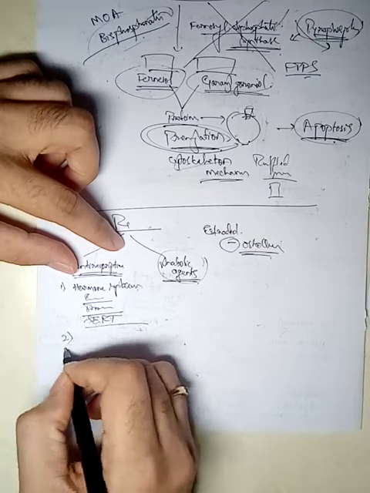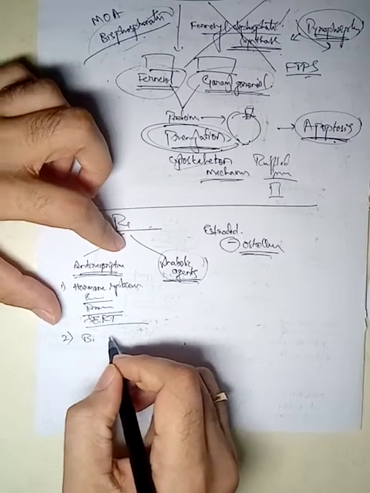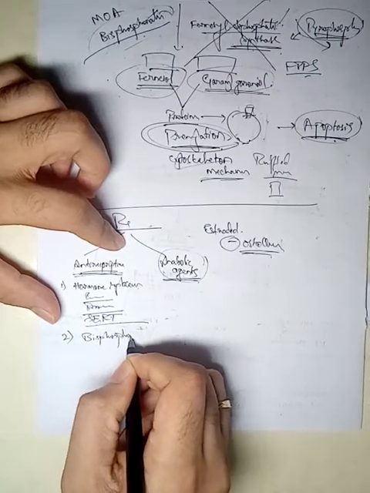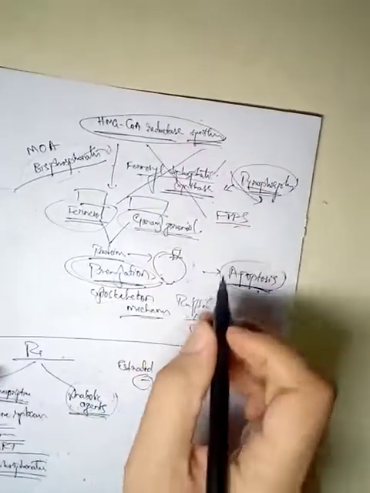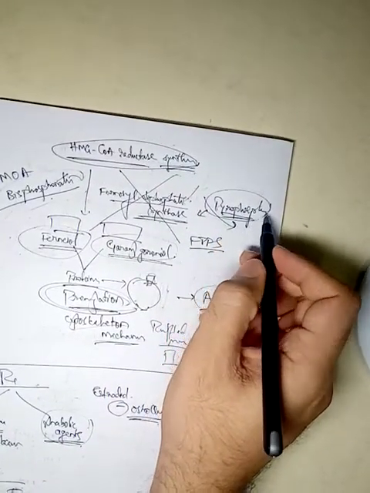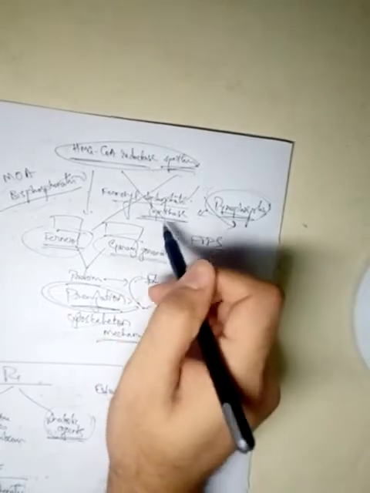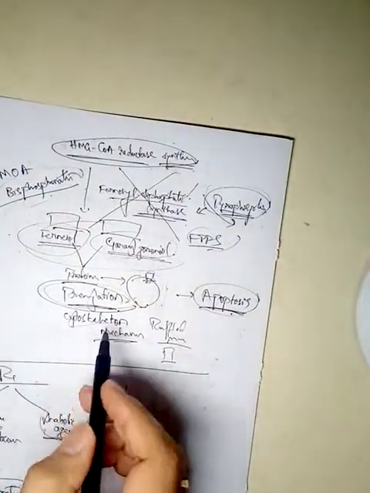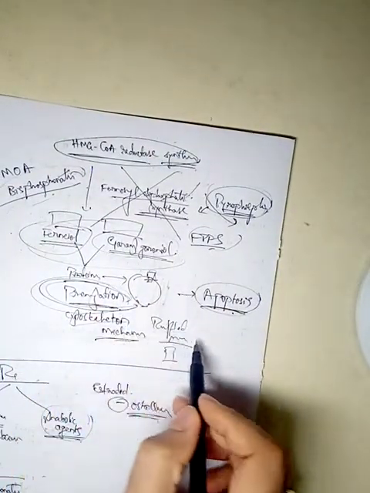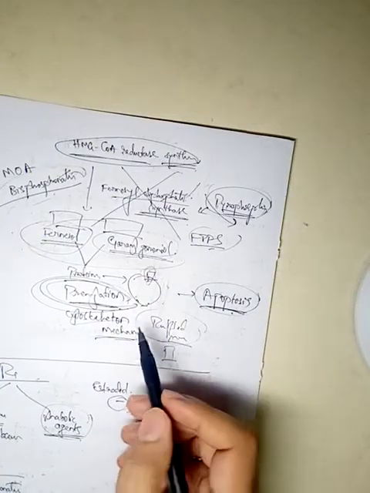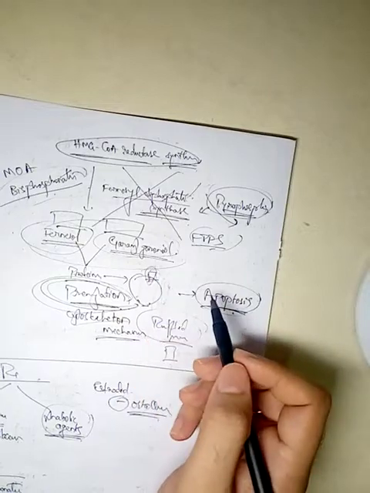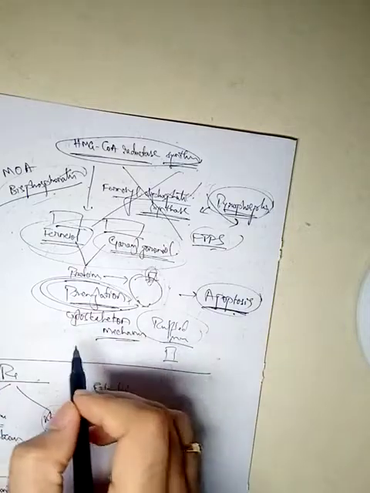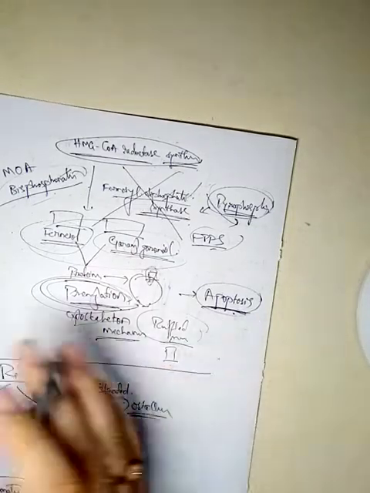Okay, so the second group of treatment agents, the pharmacological agents, are called bisphosphonates. What these do is, as I already explained, they are the analogs of pyrophosphate. They inactivate the FPPS enzyme, so there is no formation of intermediary products, so there is no prenylation, so there is no ruffle formation, there are no signaling molecules coming onto the surface, and ultimately that will lead to the osteoclast inactivation and an apoptosis of the osteoclast.